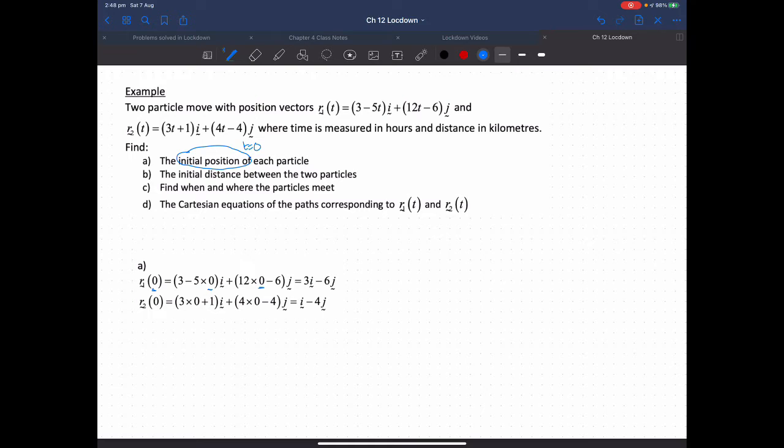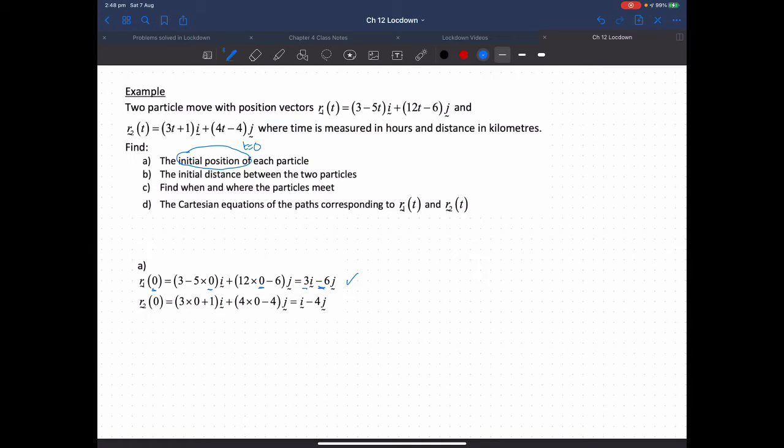So I get 3 minus 5 times 0, which comes out to be 3 in the i direction, plus 12 times 0 minus 6, which comes out to be negative 6 in the j direction.